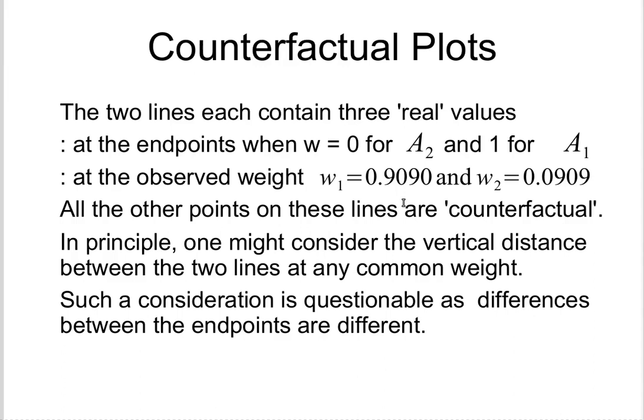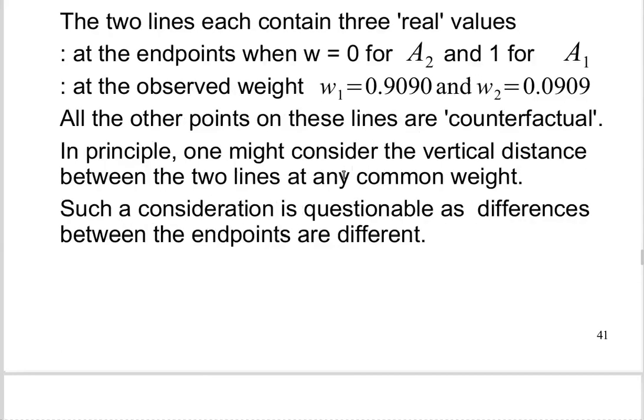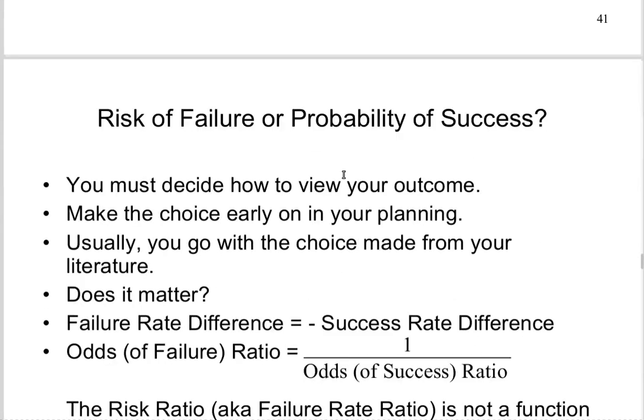Now, as I said, in some contexts authors will argue that we should consider these vertical distances between the two lines at any common weight. But as I've noted here, this consideration, any particular one of them, is questionable as the differences between the endpoints are different.